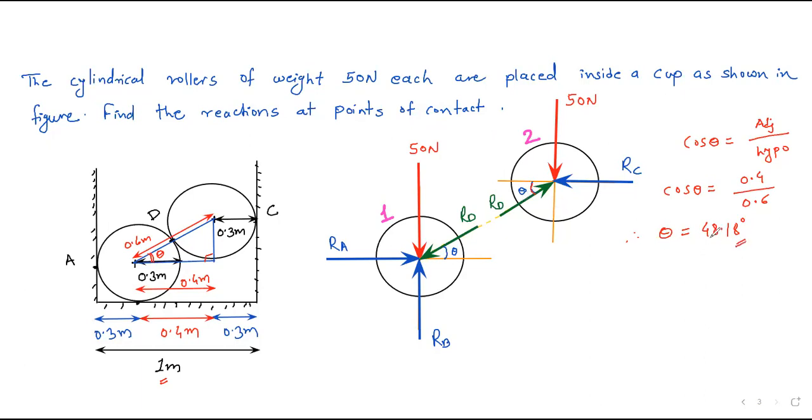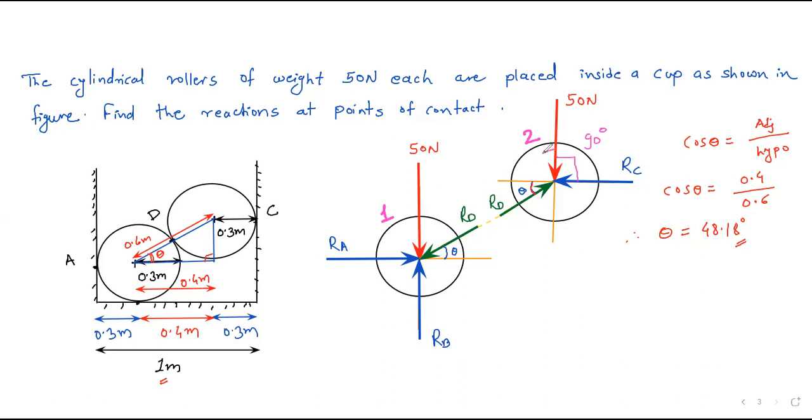What is theta? 48.18. Okay, this angle is already 90 degree because weight is always acting vertical and this reaction is horizontal. So the angle between 50 Newton and RC is 90 degree.